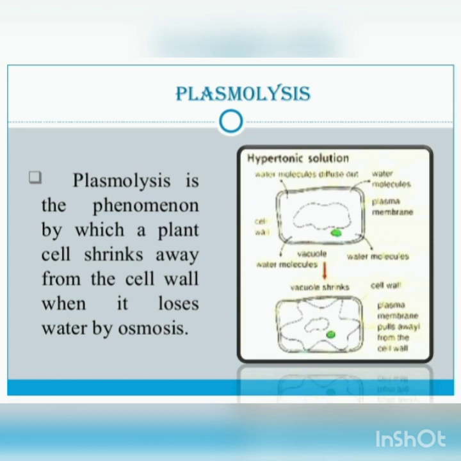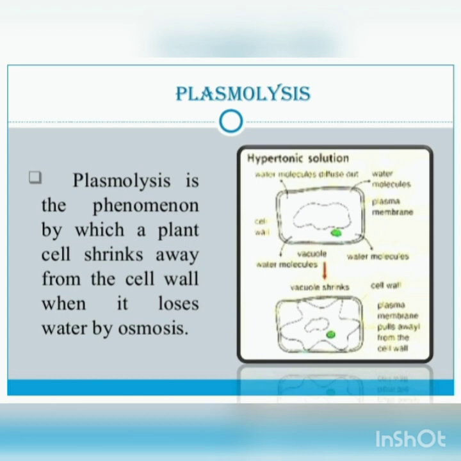In this, a living plant cell loses water through osmosis when kept in hypertonic solution, which results in the shrinkage or contraction of protoplasm away from the cell wall.